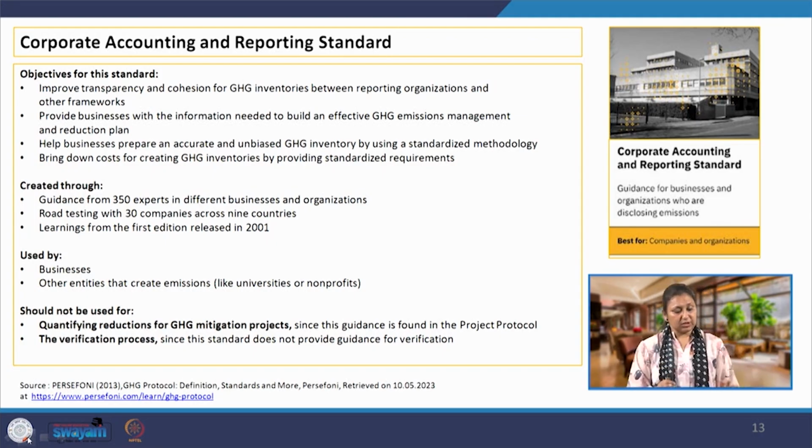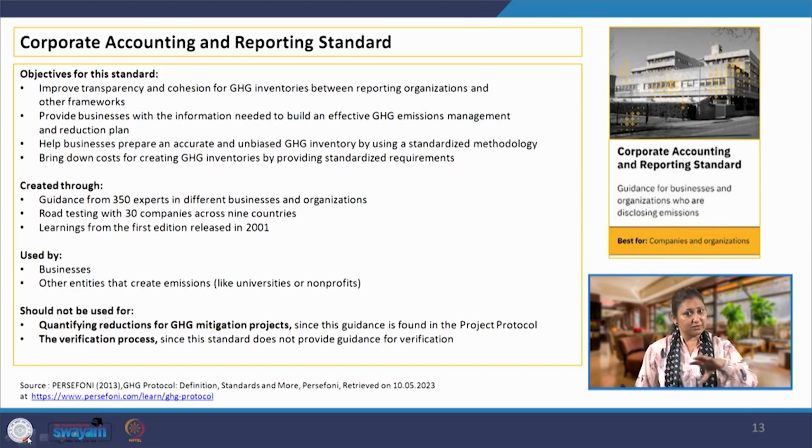The objectives of this standard are to improve transparency and cohesion, which are the general objectives of the GHG Protocol, but it helps businesses prepare an accurate and unbiased GHG inventory using a standardized methodology, and overall bring down the costs of creating GHG inventories by providing standardized requirements. So, it is usually used by businesses and other entities that create emissions.